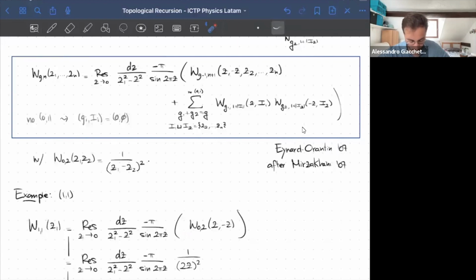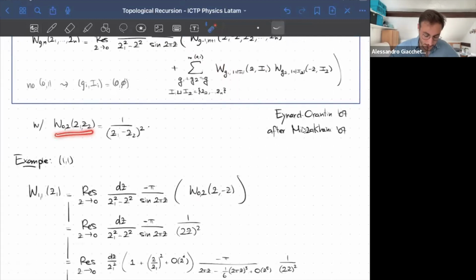Then in the (1,1) case, this huge sum will actually be empty, because there is no choice of g_1, g_2, and splitting I_1, I_2, so that this condition is satisfied. So this term will just drop because the sum is empty.